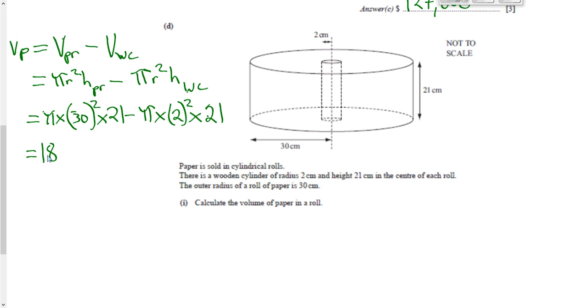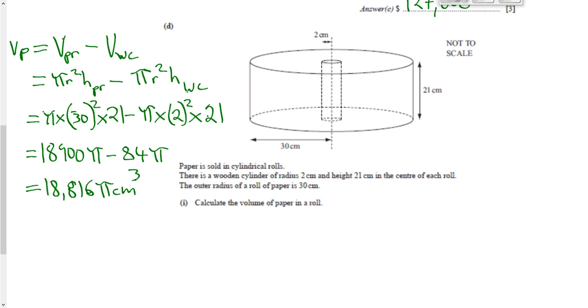So in regards to pi, that's going to be equal to 900 pi minus 84 pi, which will be equal to 18,816 pi centimetres cubed.